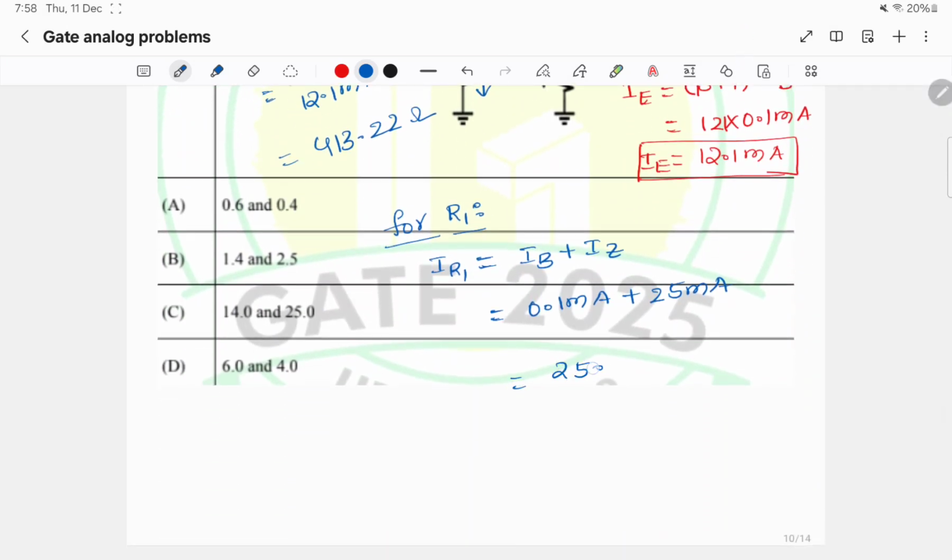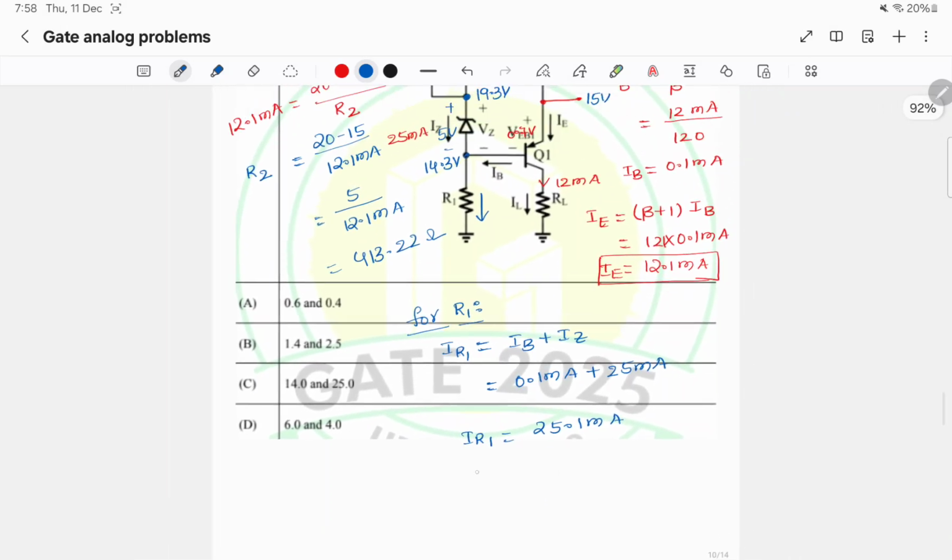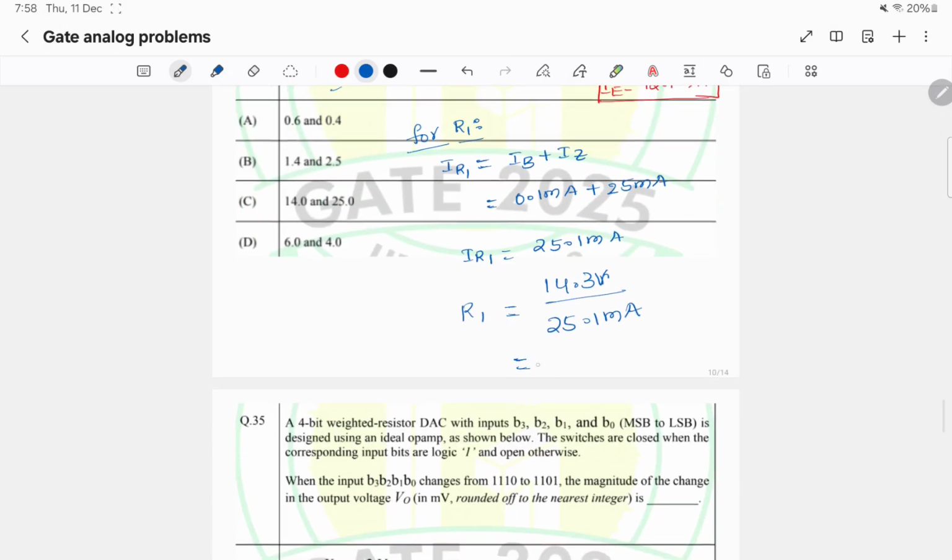It will be 25.1 milliamps. So R1 is 14.3 volts by 25.1 milliamps. That is 569.72 ohms.